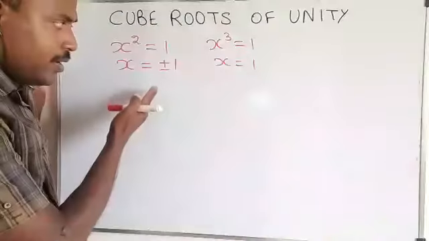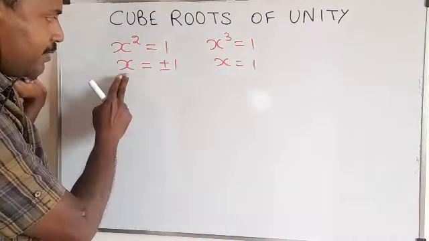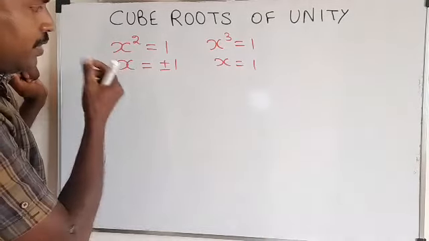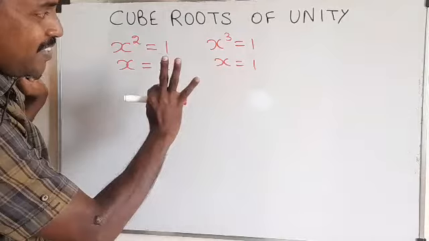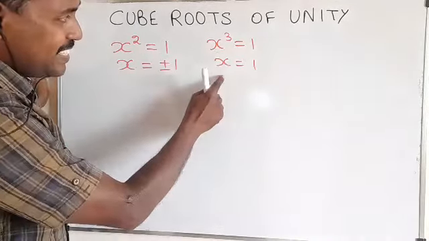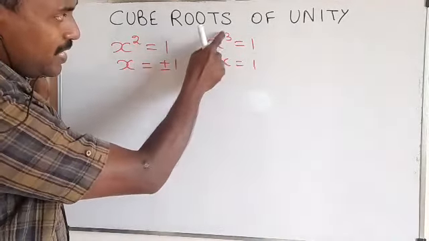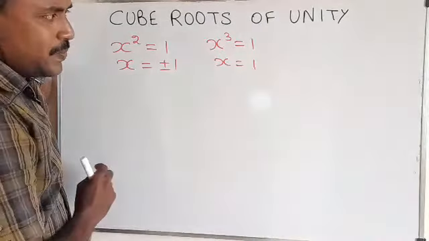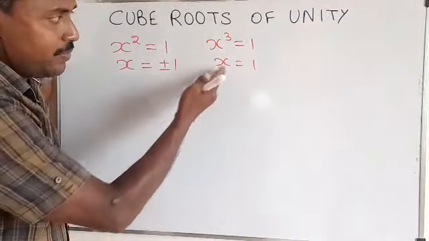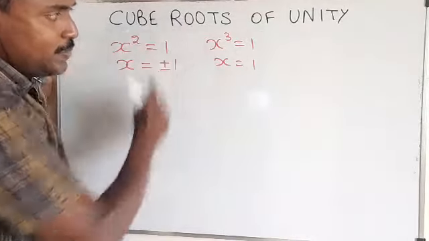But just as we have two values of x for the previous equation, we suspect that there may be three values of x for this kind of cubic equation. But still, we always say x is equal to plus 1. So, are there any other values of x for which this equation is true?